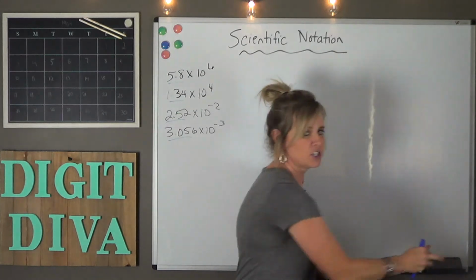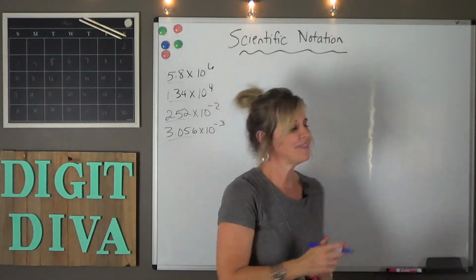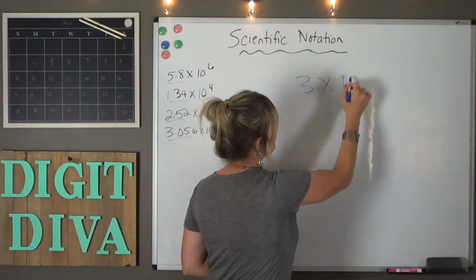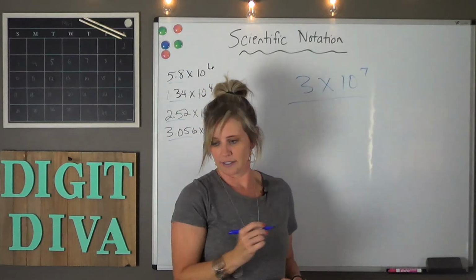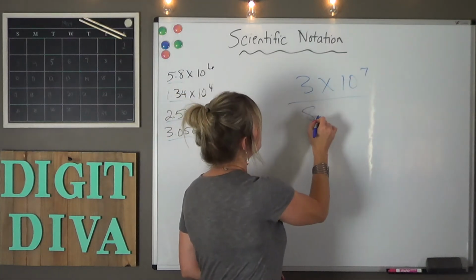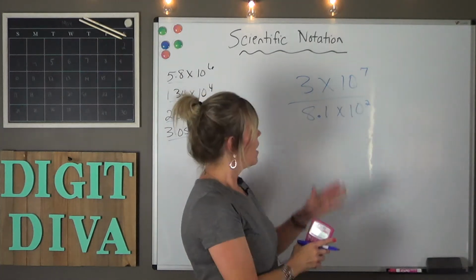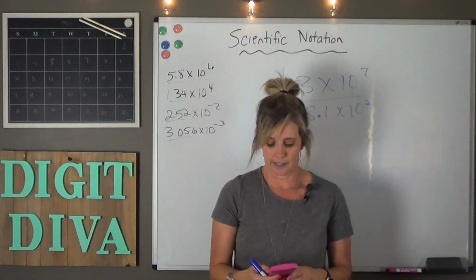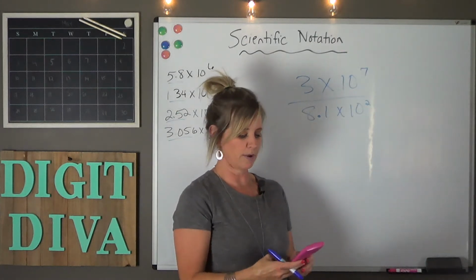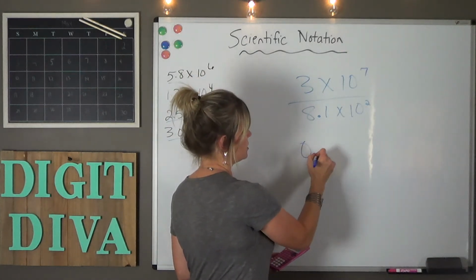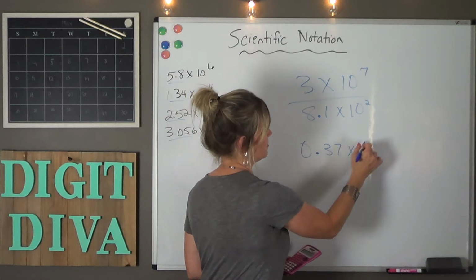Let's do a division, and then we'll wrap this lesson up. 3 times 10 to the 7th being divided by 8.1 times 10 to the 2nd. Okay, so I'm going to have to do a little bit of dividing. 3 divided by 8.1 is going to give us 0.37 when we round.